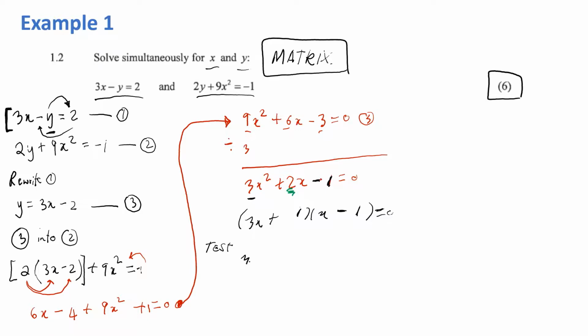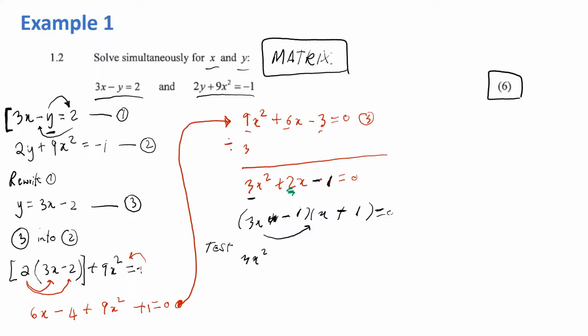Okay, testing this. Let's see where we get. We've got 3x squared. Maybe I've got this the wrong way around. I think that has to be like that. Okay, yep. We've got 3x squared.